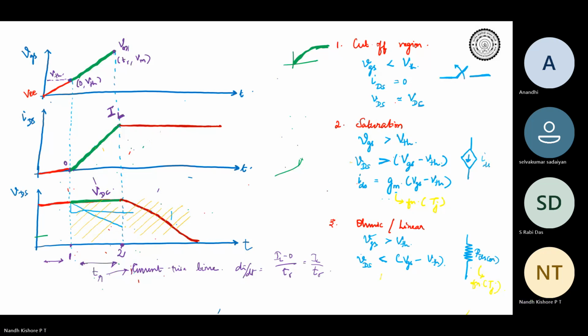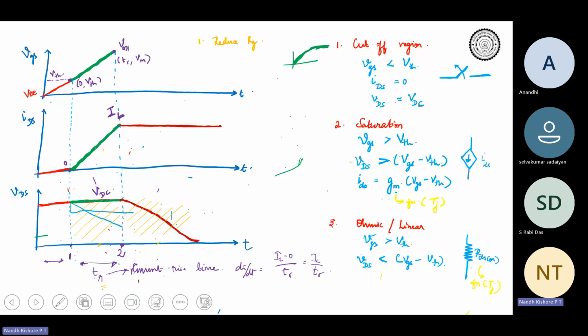In order to reduce this, you have to reduce this current rise time TR and this voltage fall time. This interval and this interval need to be reduced. One of the methods people generally use is to reduce your gate resistance RG.